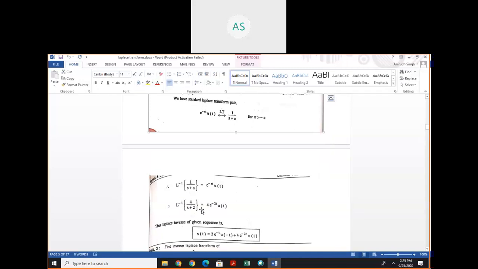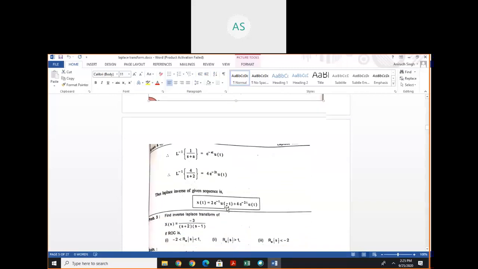Here we use the Laplace transform pair e^(-at)u(t), whose Laplace transform is given by 1 over (s + a), and sigma is greater than -a. So we can calculate the inverse Laplace transform of 4 divided by (s + 2) as 4e^(-2t)u(t).